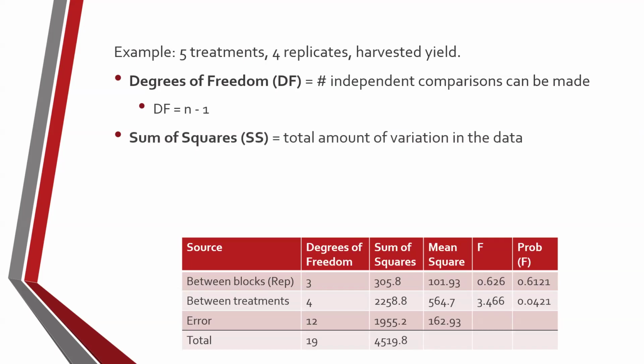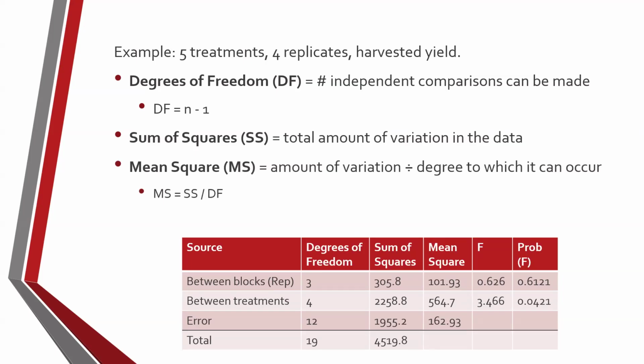Next is the sum of squares, and that represents the amount of variation in the data, which we're splitting up into each source that's listed in the table. Then the mean square is the sum of squares divided by the degrees of freedom. So we're really taking the amount of variation and dividing it by the degree to which it can occur.